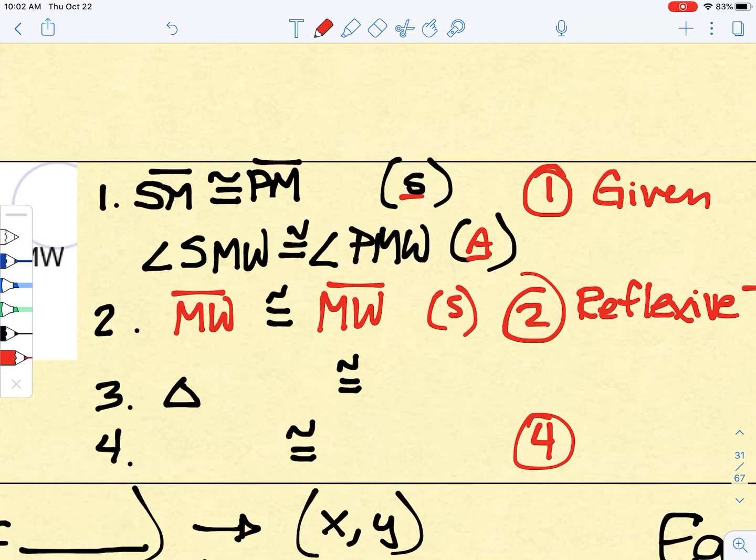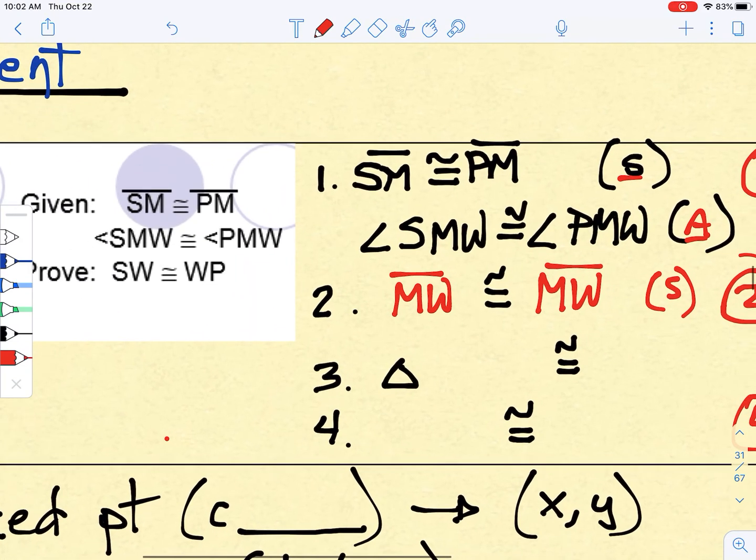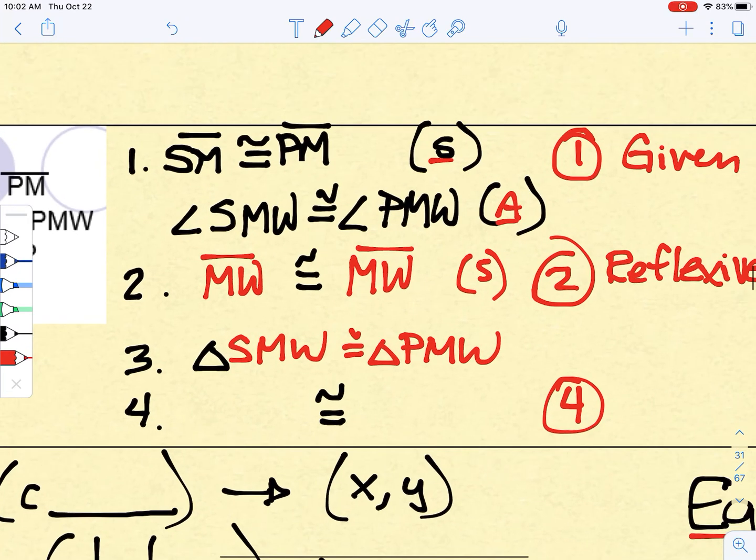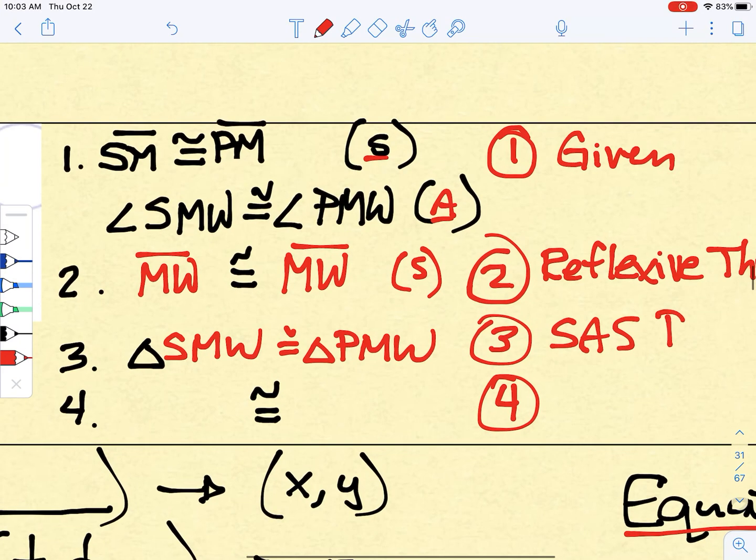Now I've got the side, boom. I can now say triangle, sorry, SMW. I was apologizing for the boom. Congruent to triangle PMW. And that would be SAS postulate.